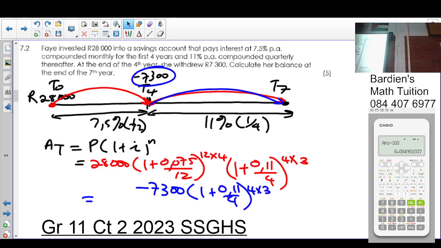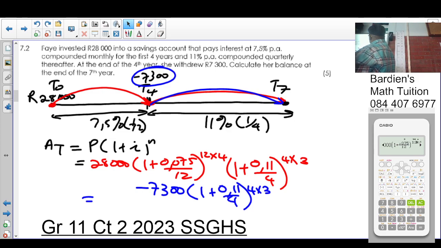Okay, let's see. 28,000 into 1 plus 0,075 over 12 to the exponent 12 times 4, into 1 plus 0,11 over 4. Did you make a mistake? 0,075. Thank you.